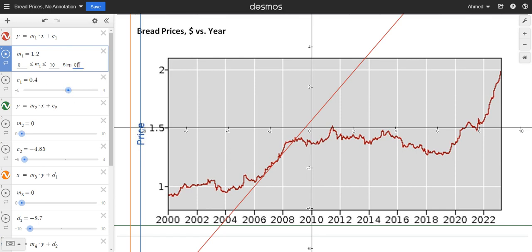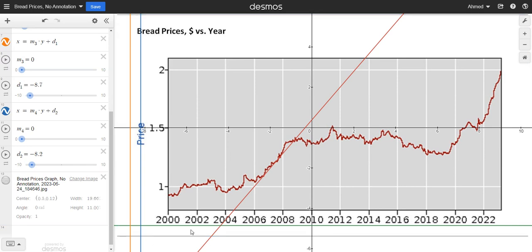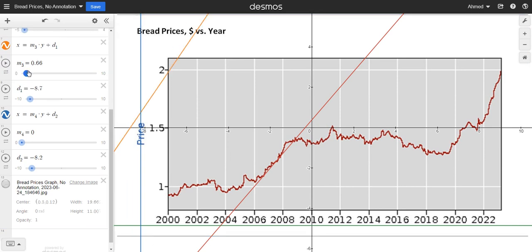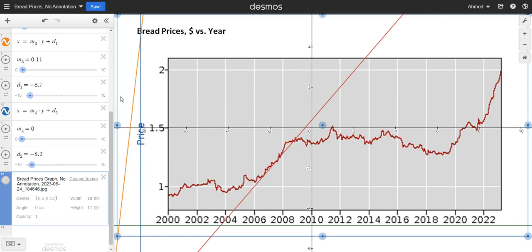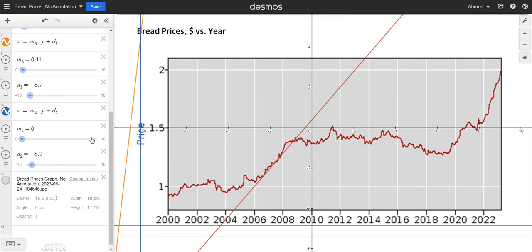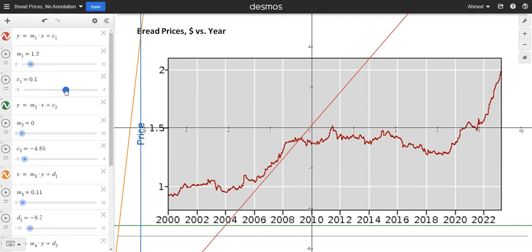For instance, you can change it to 0.01 and click back here, and now you can move the slope in smaller increments, and likewise with the intercept, you can make it very small and be very careful on how you move the intercept. That's kind of up to you to decide what you're comfortable with. But anyway, here you are. So you've got the slope of about 1.2.